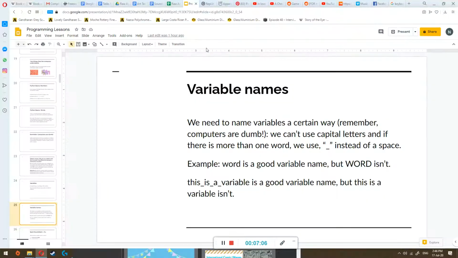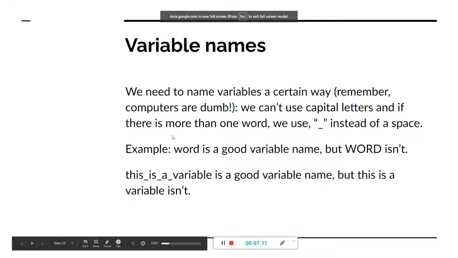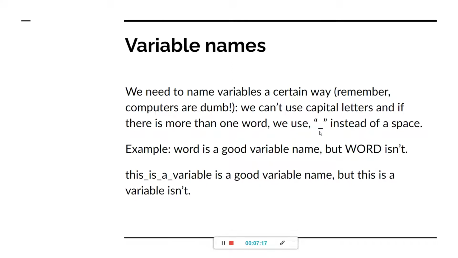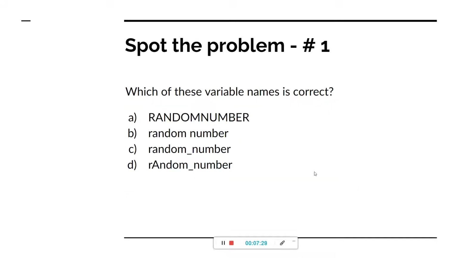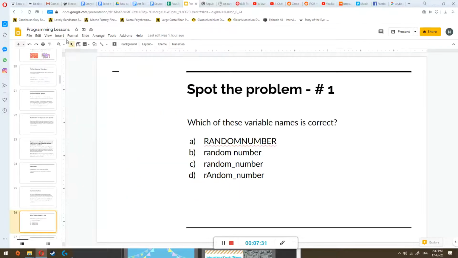So here, let's have a look. We need to name variables a certain way. We can't use capital letters, and if there's more than one word, we use the underscore instead of a space. So word is a good variable name, but word with capital letters isn't. This is a variable is a good variable name, but this is a variable isn't.